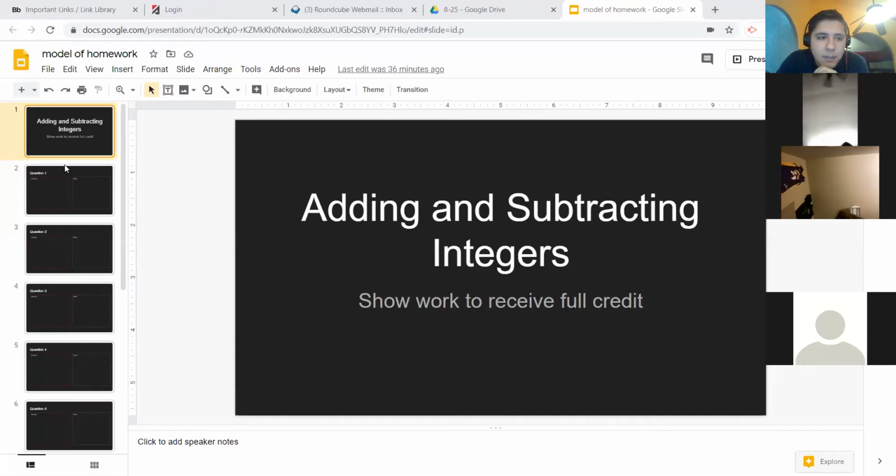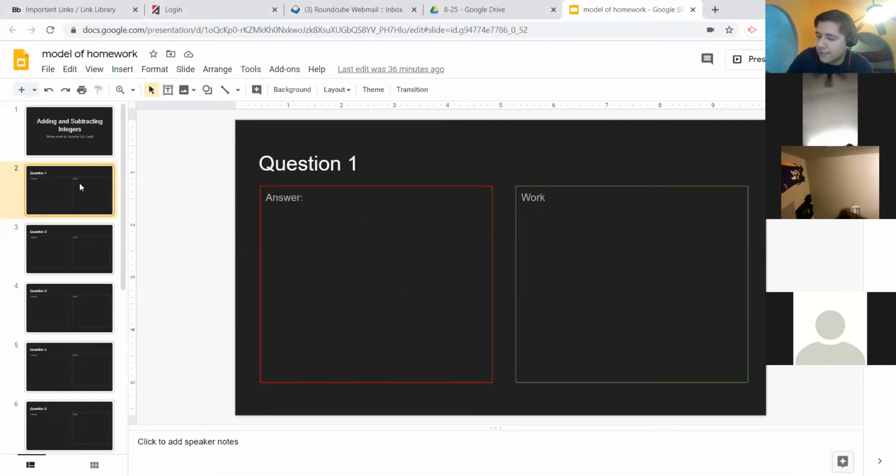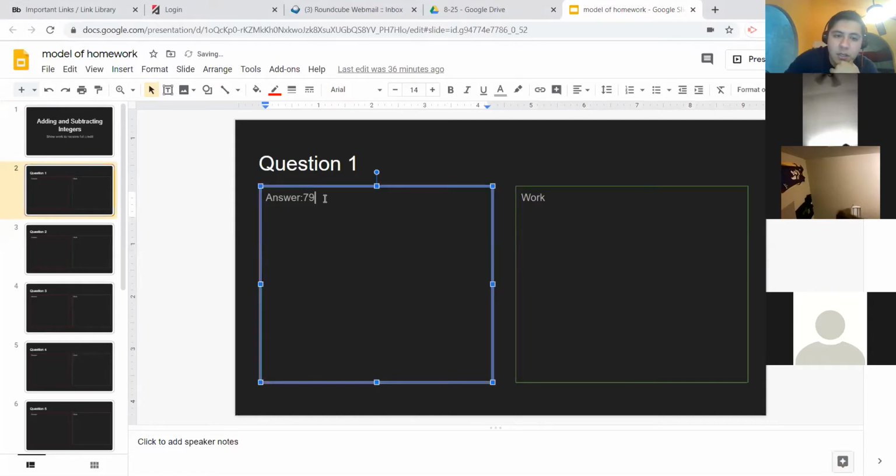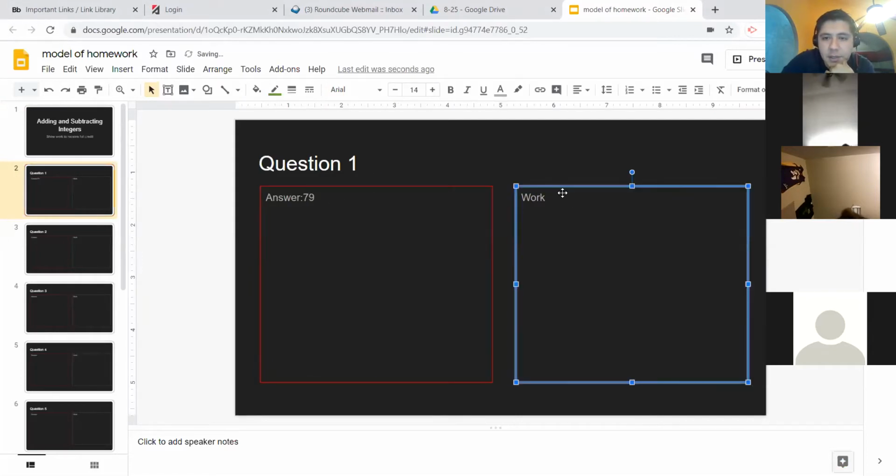You're going to get the problems separately. Just say we're looking at question 1, and let's say question 1 was 42 plus 37. We found that that's 79. So you're going to put the answer on one side. The answer is 79. On the other side, you're going to upload a picture of your work.